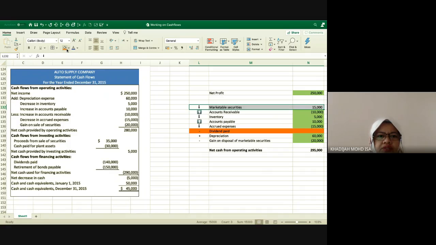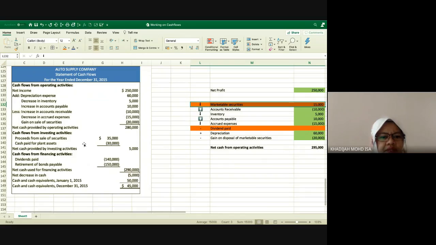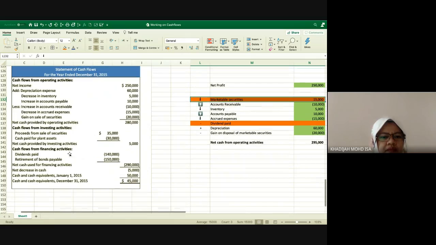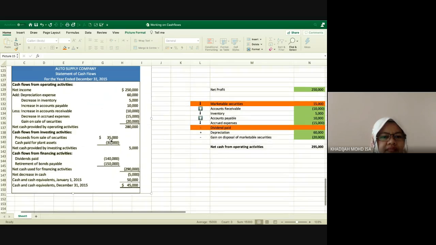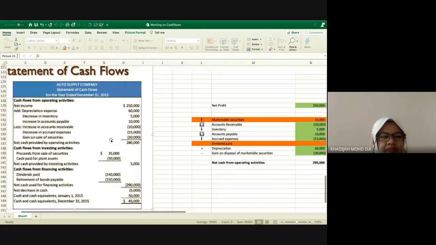Let me check further. Proceeds from sale of securities, cash paid, dividend paid. Dividend is part of your financing. And the retirement of bonds payable, the balance just now. Purchase of plant, you pay out for your plant, that will be part of your investing. But where is your marketable securities?